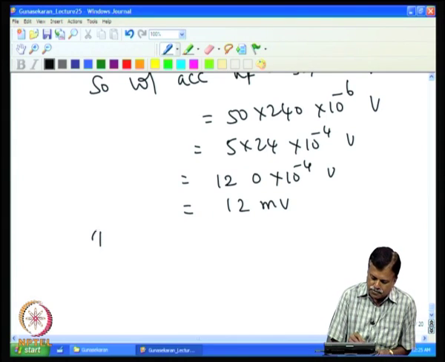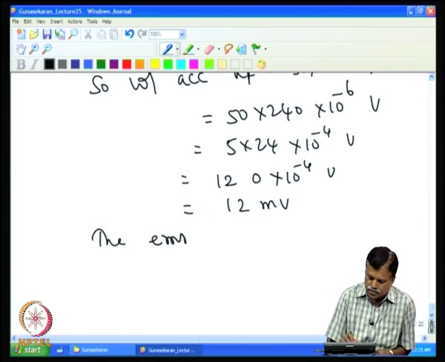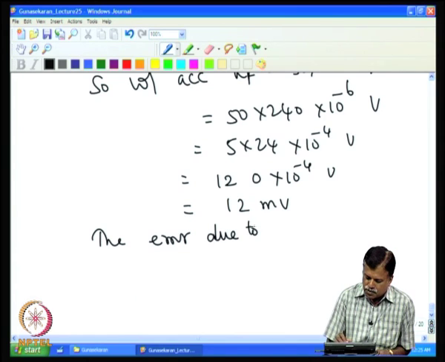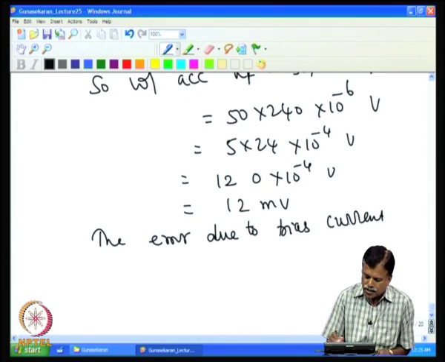So the error due to bias current is 12 millivolt.